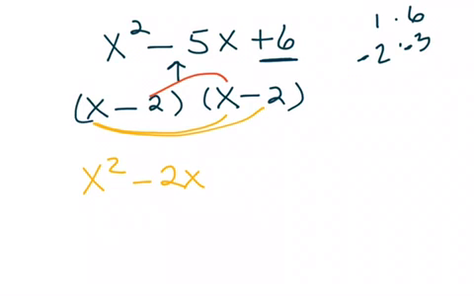Negative 2 times x equals, I made a mistake. This has to be a 3. Sorry, kids. Negative 3 times x is negative 3x, and then negative 3 times negative 2 is positive 6.